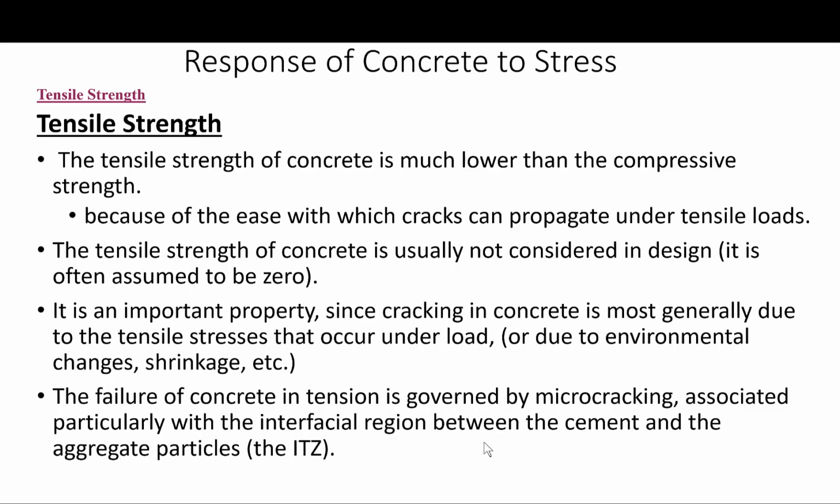So the failure of concrete in tension is governed by the microcracking associated in particular with the interfacial region between the cement paste and the aggregate particles, which we refer to as the interfacial transition zone.